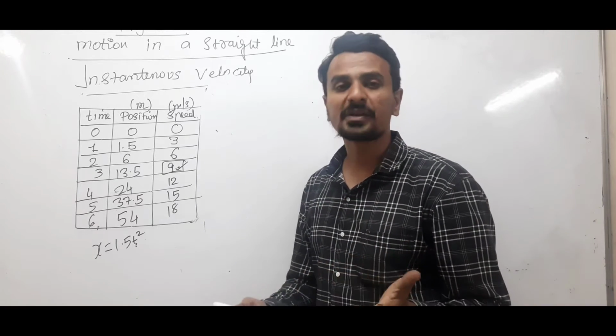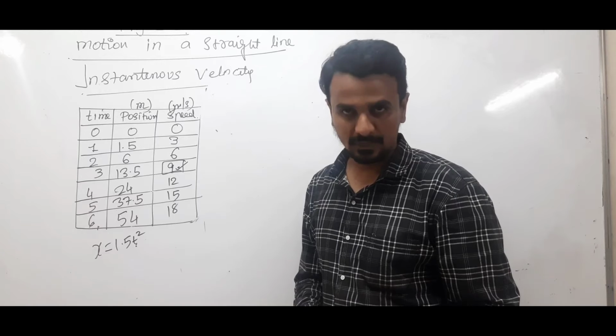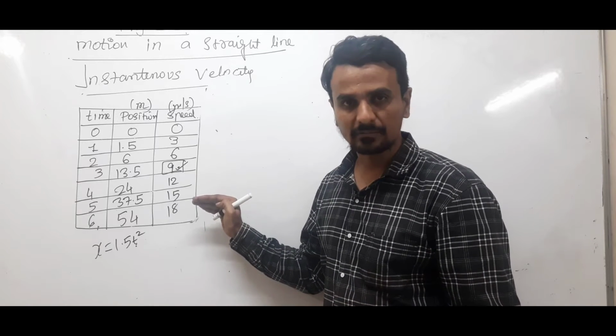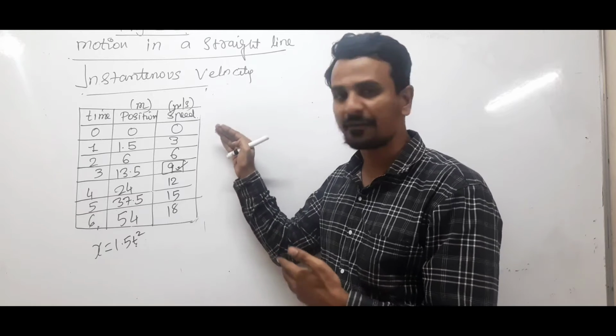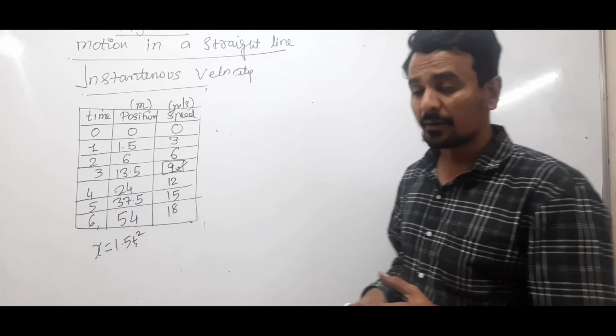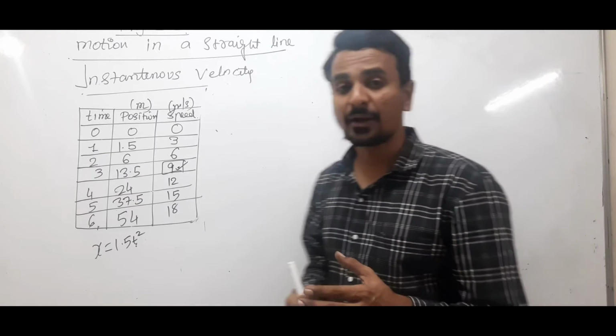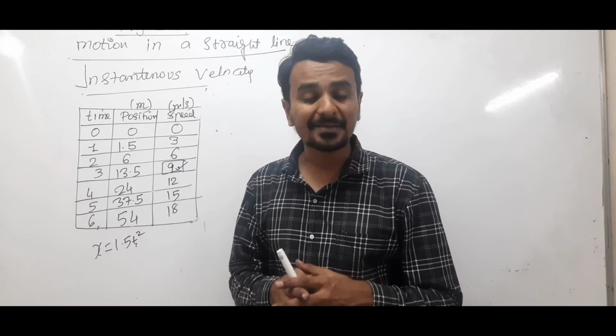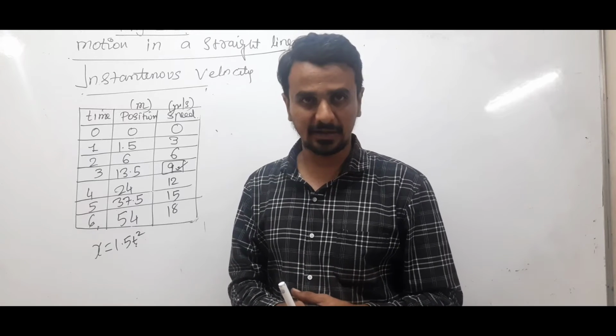But how much to decrease the time? First I made it from 3 to 6, then I did it 3 to 5. Now if I am calculating average from 3 to 4, then 3 to 3.1, that is okay. But how much should I decrease the time in order to get the answer of average equals to instantaneous, right?